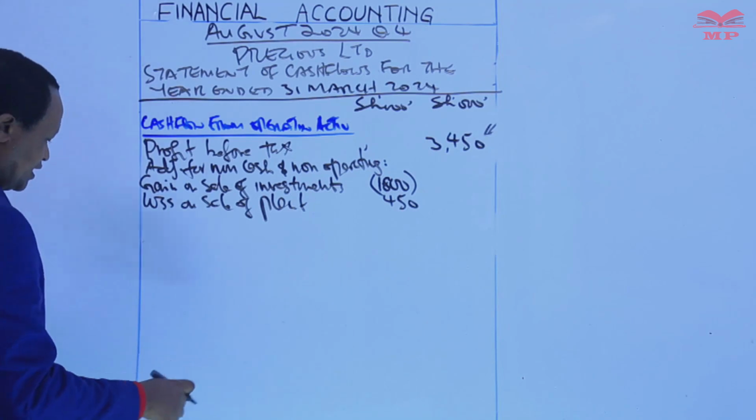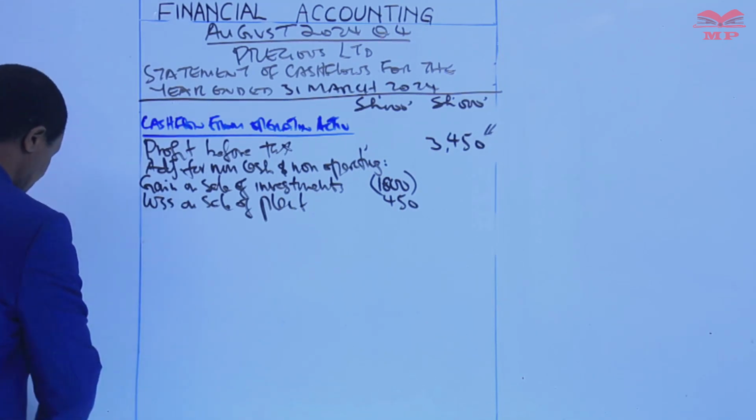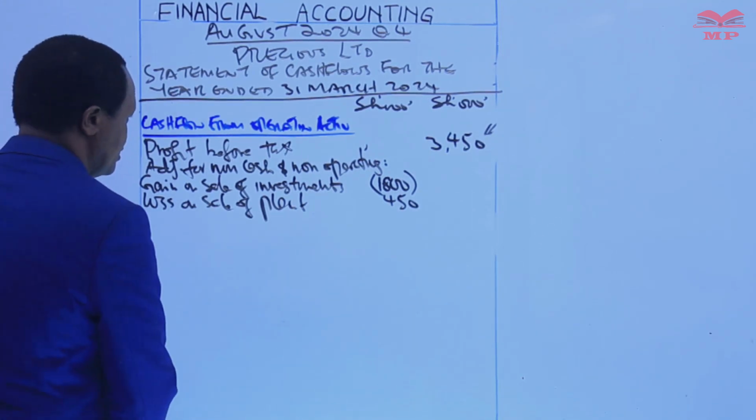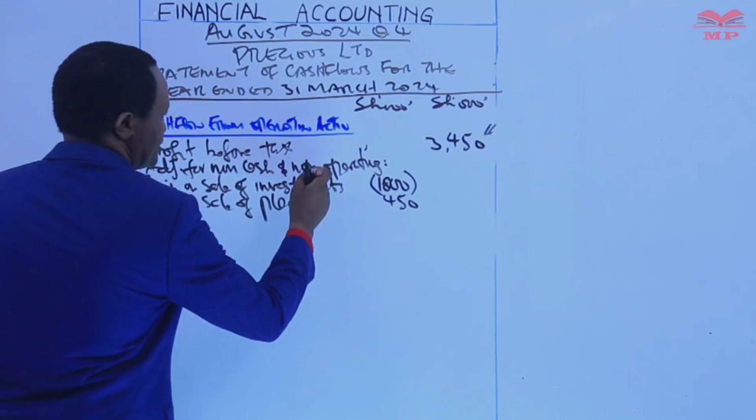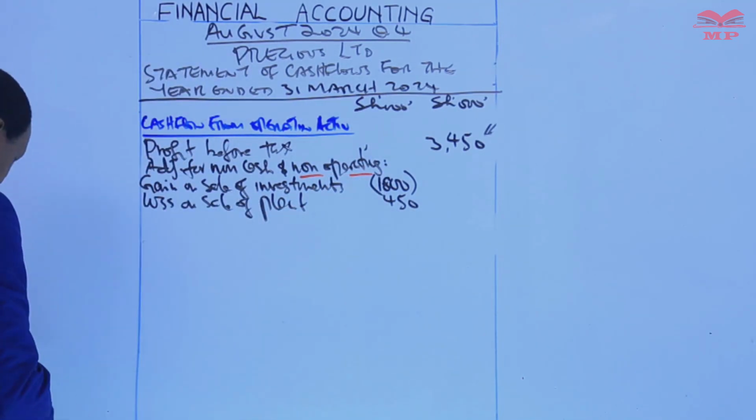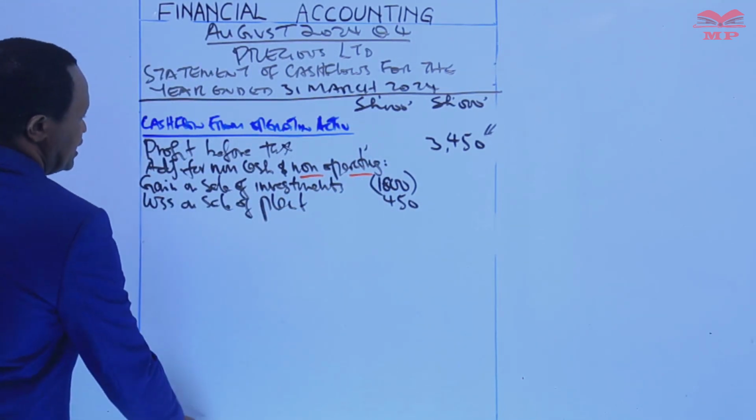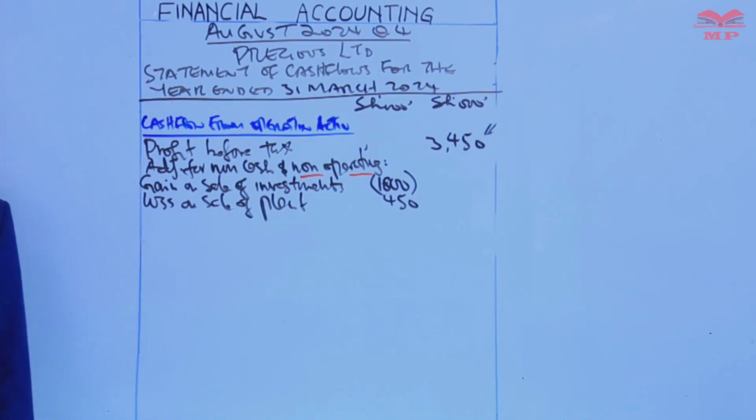Then we need to identify the non-operating items in the income statement. Which are the non-operating items? Titus singled out interest expense.